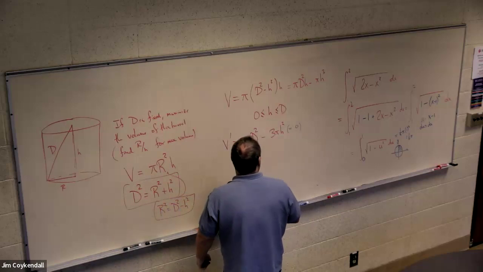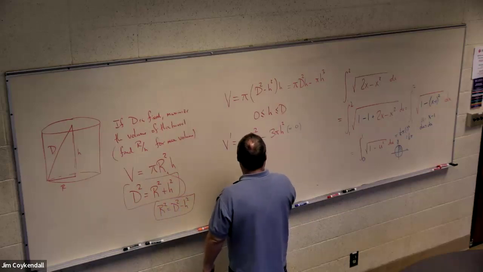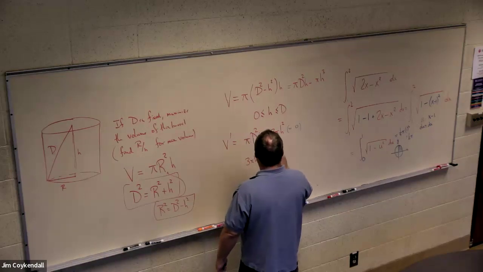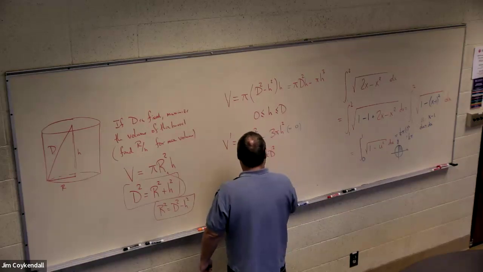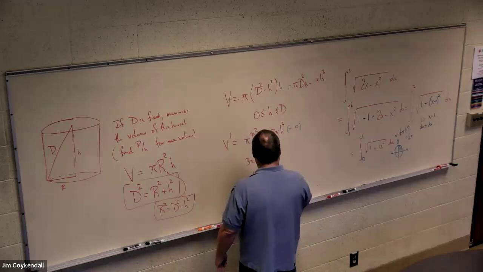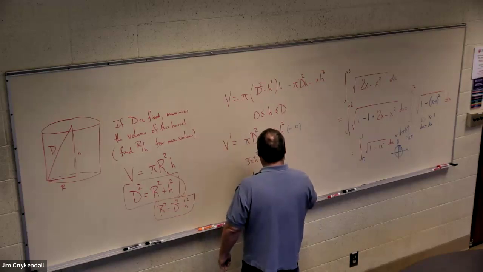So in solving this, I get 3 pi H squared is pi D squared. So if we solve this out, H is D over the square root of 3.